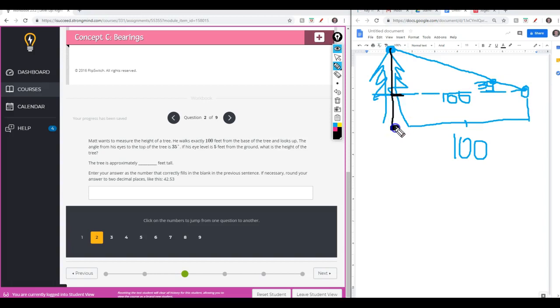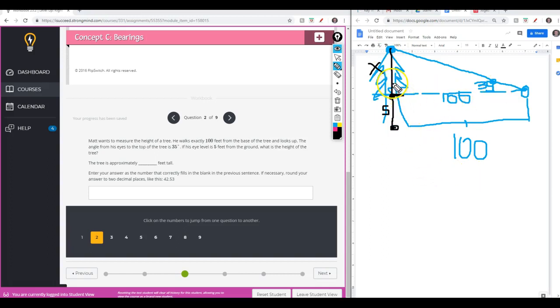We do know that from his eye to the ground is 5 feet. It was given right here: eye level is 5 feet from the ground. So now all we have to do is find this length right here and then add these two together.